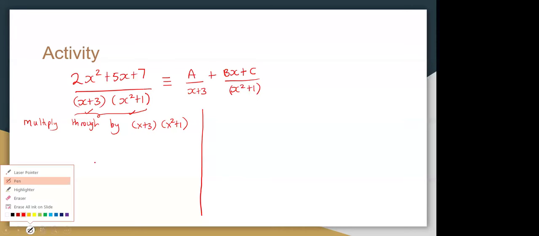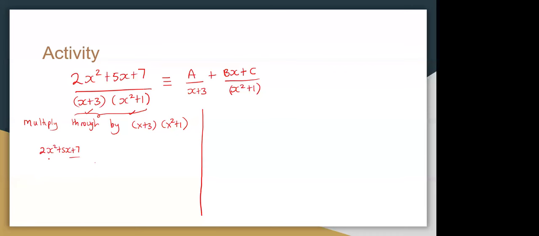So I do the same. I'll have 2x squared plus 5x plus 7 into x plus 3, x squared plus 1, equivalent to a out of x plus 3, plus bx plus c out of x squared plus 1. We are going to multiply it, so each term has x plus 3, x squared plus 1.